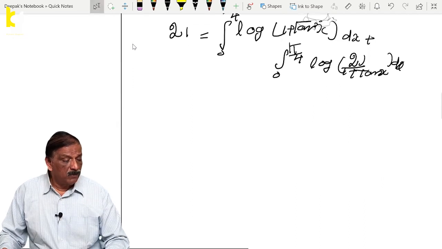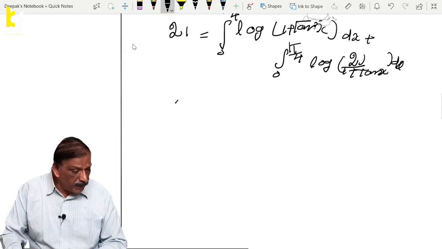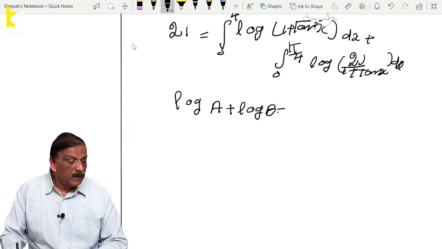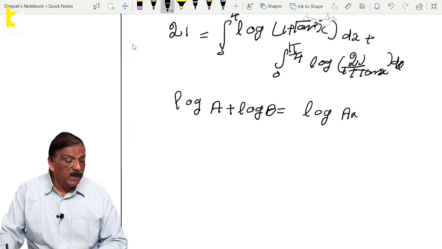Clear? We know in logarithm log a plus log b is equal to log a into b.